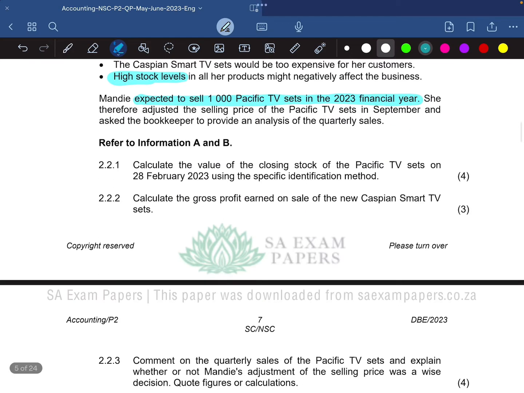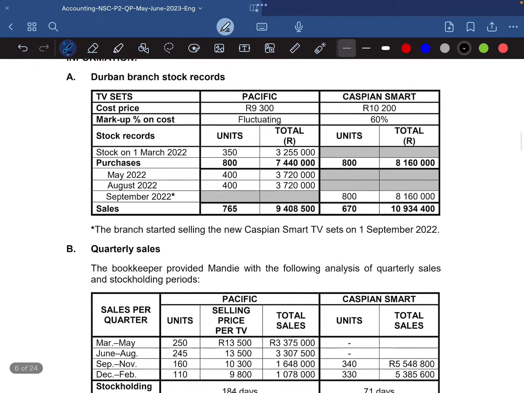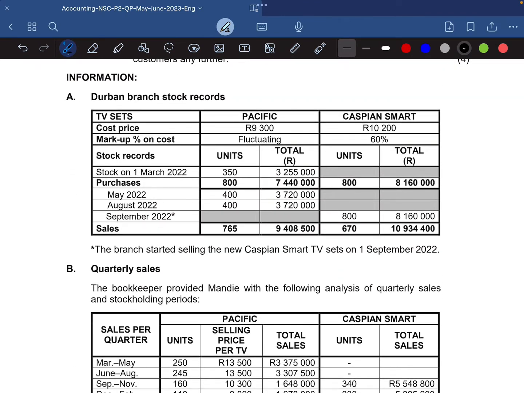Okay, so 2.2.1 requires us to calculate the value of the closing stock of the Pacific TV sets on 28 February 2023 using the specific identification method. Okay, so our information A, we have Devon branch stock records. We're supposed to calculate the closing stock for the Pacific smart TV sets.